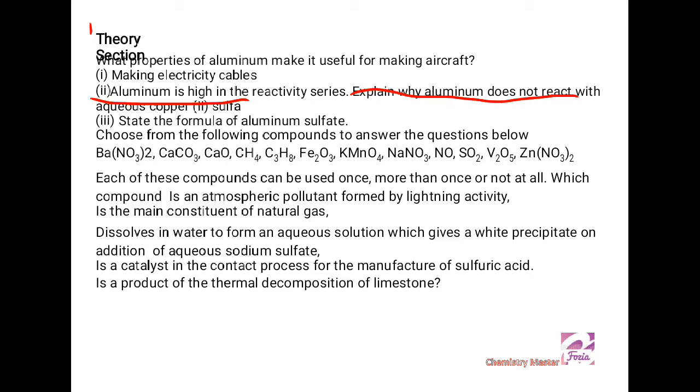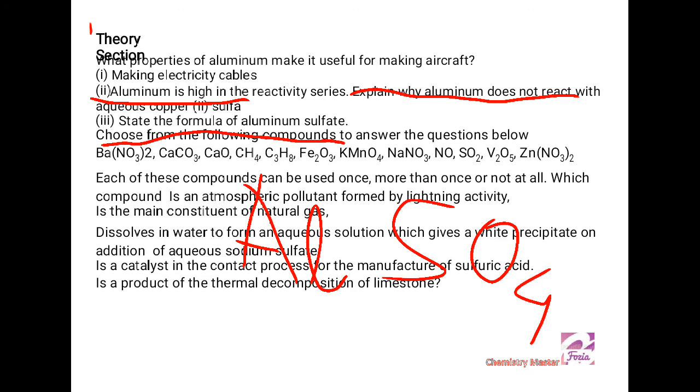First, we see the formula of aluminum sulfate. How can we write the formula of aluminum sulfate? We are going to use the crisscross method, writing the symbol of aluminum, then the symbol of sulfate. We know the ionic charge of aluminum is +3 and the sulfate radical has a charge of -2.